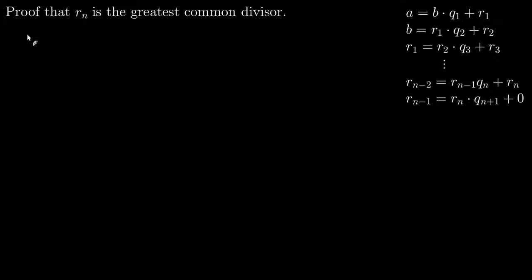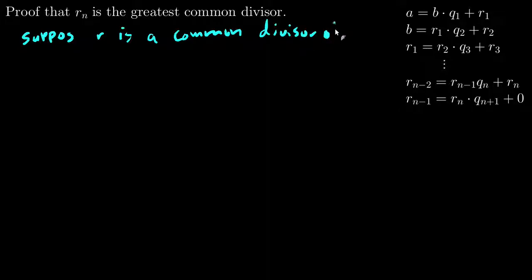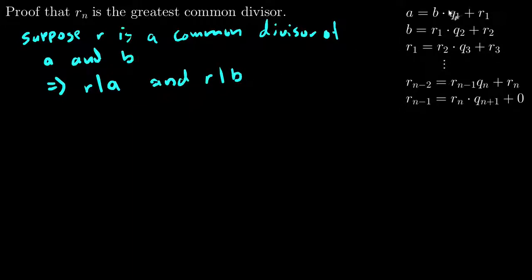So, suppose r is a common divisor of a and b. This implies that r divides a and r divides b. Okay.